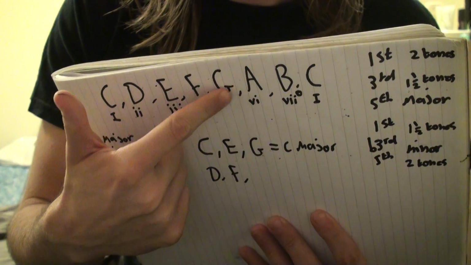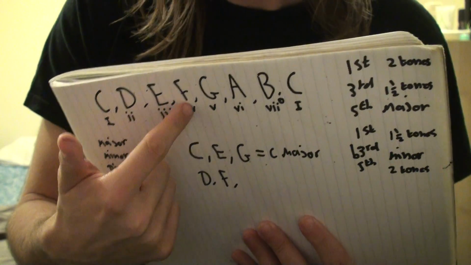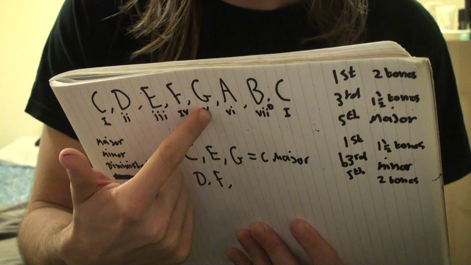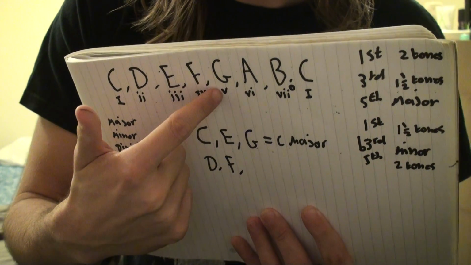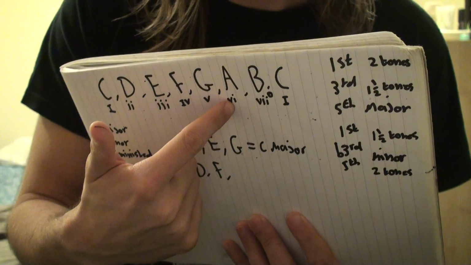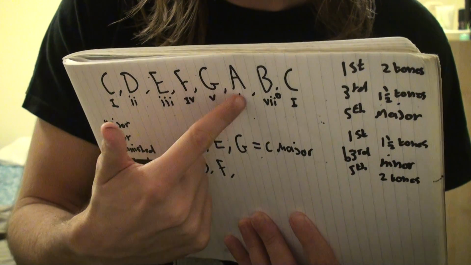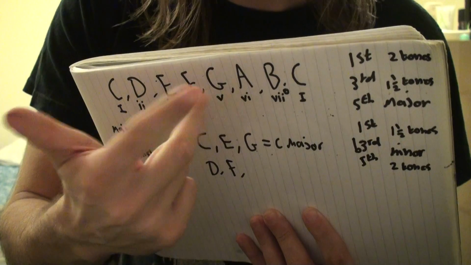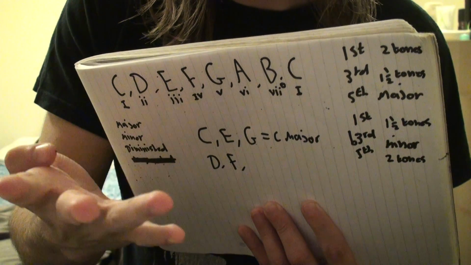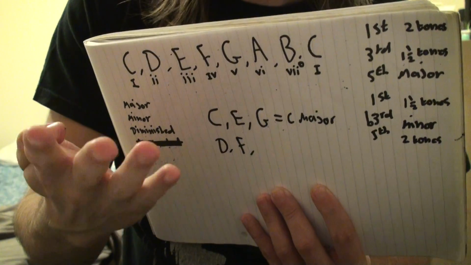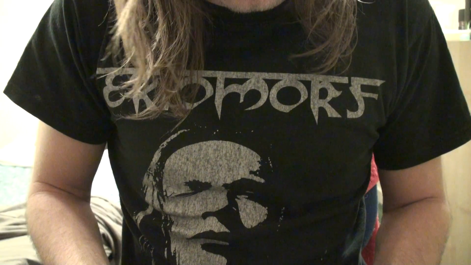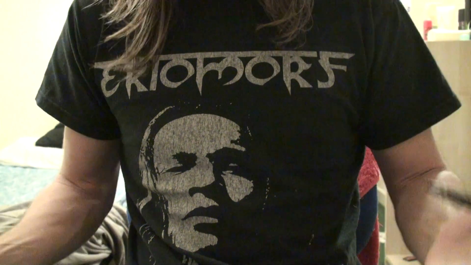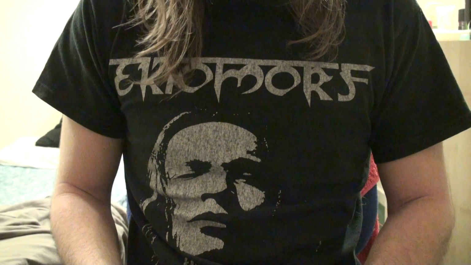So this is the second interval from F. Then we need to move up to A. So F is the third interval in our chord, G is the fourth, and then A is the fifth. And between F and A, so F, F sharp, G, G sharp, we have 4 notes, 2 tones. So we know that because there is 2 tones between F and A, that is the last note in our D minor chord. So if you played those notes together on a keyboard or whatever instrument, you are playing a D minor chord.